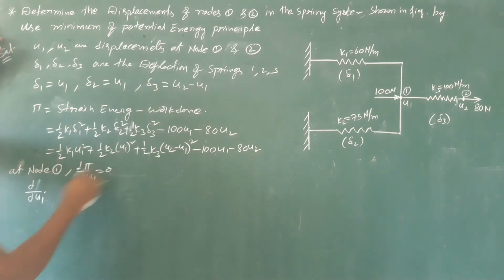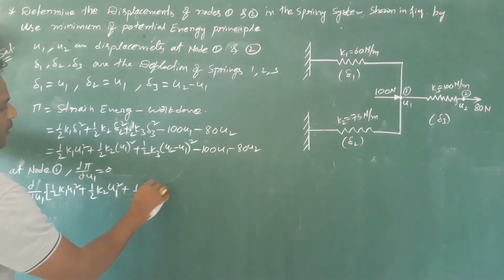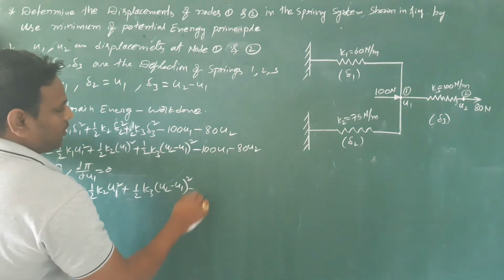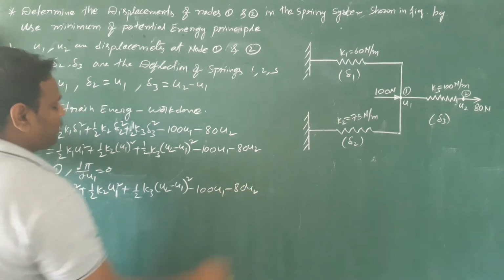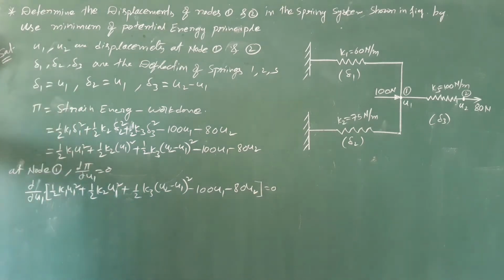This is the pi equation: half K1 U1 square plus half K2 U1 square plus half K3 (U2 minus U1) square minus 100 U1 minus 80 U2. Now it is equal to 0. So differentiate the entire equation.